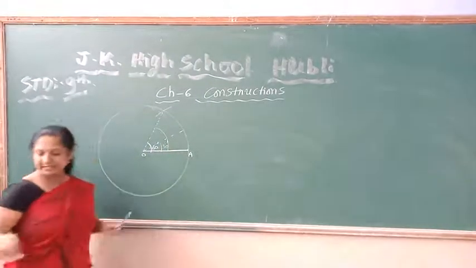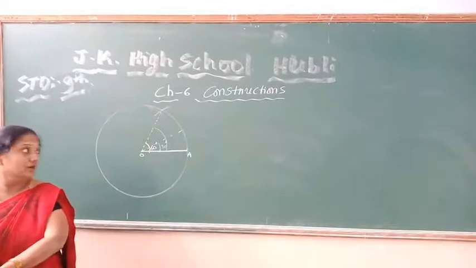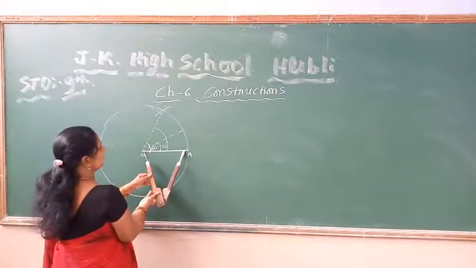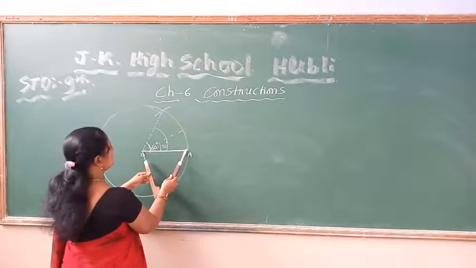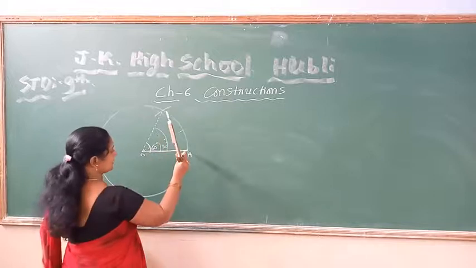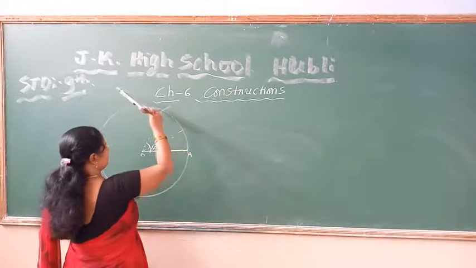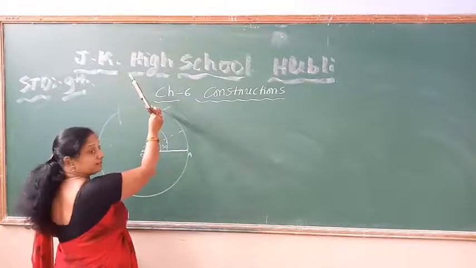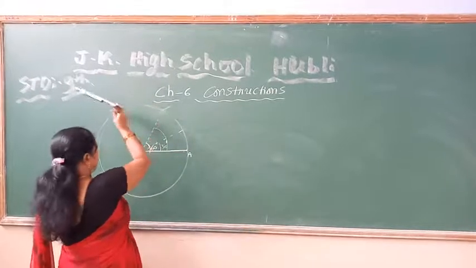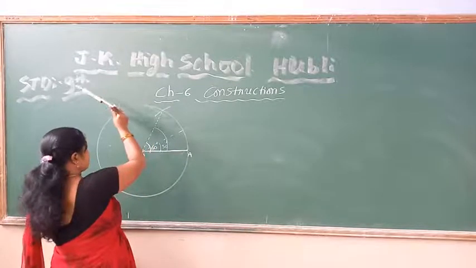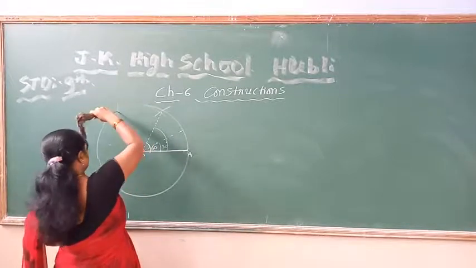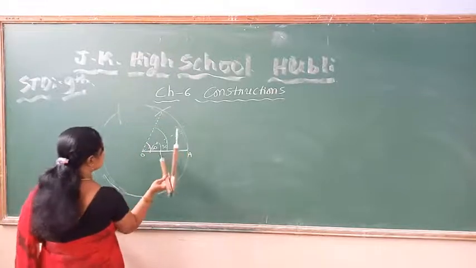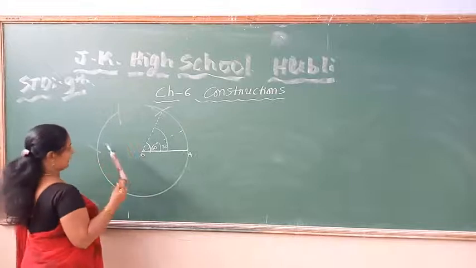So this is 60 degrees, and now I draw another arc without changing the radius. From here to here it is the radius of this circle. By using the same arc, take this arc as the center and draw another arc; from here to here it is 60 degrees.